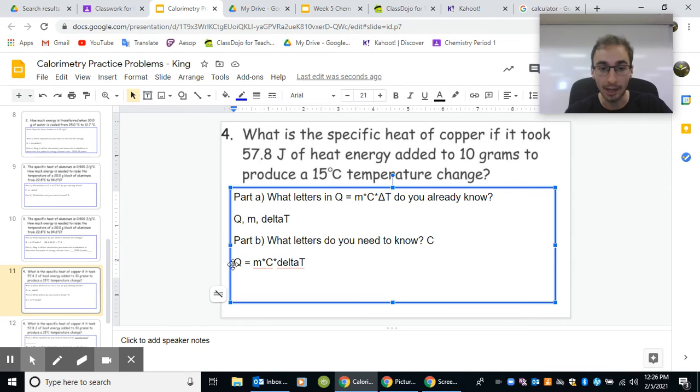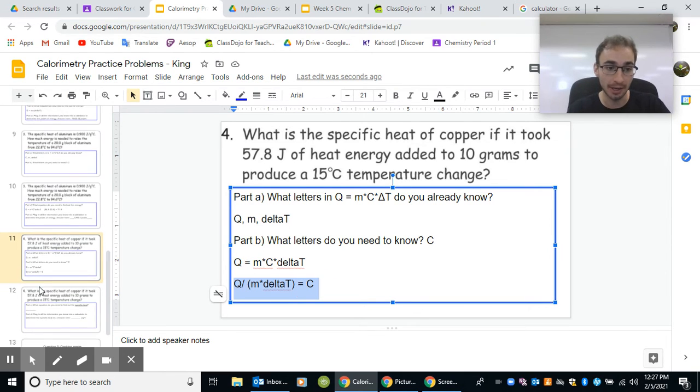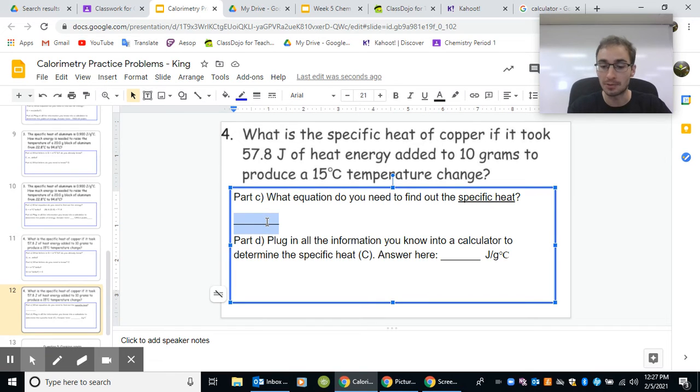So I'm going to divide both sides by M times delta T. That gives me Q divided by M times delta T equal to C. Because I divided M and delta T by themselves, they cancel out. So I'm left with C is equal to Q divided by M times delta T. That's the equation I'm going to use: C equals Q divided by, in parentheses, M times delta T.